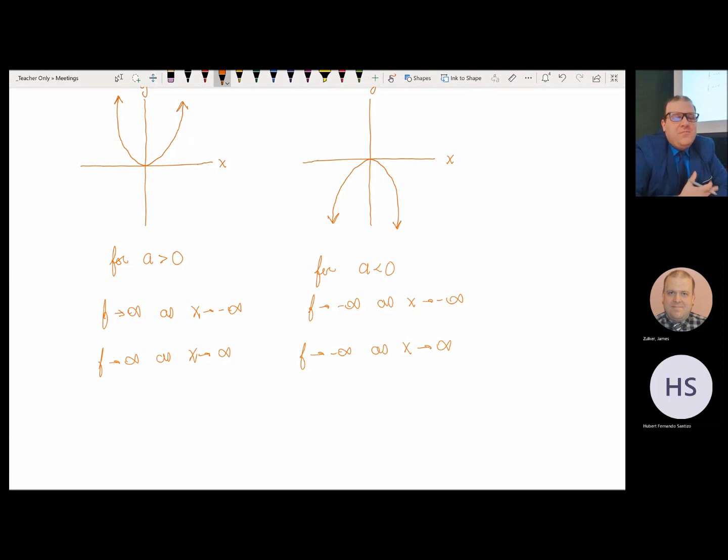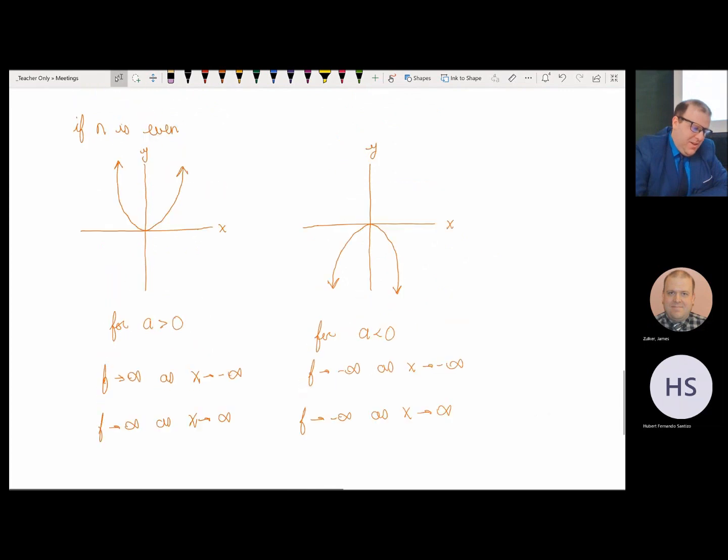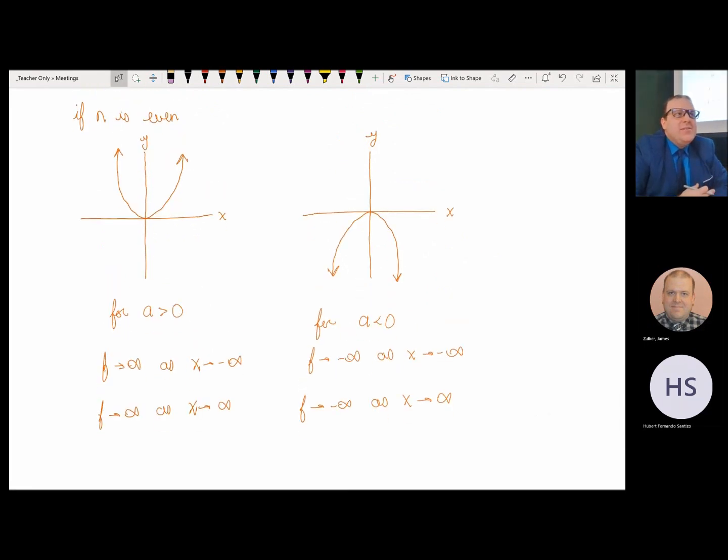And if a is less than 0, on both ends f just decreases without bound in the negative direction. We say it decreases without bound negatively. So that is if n is even.